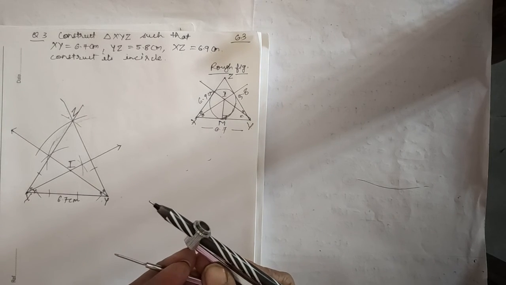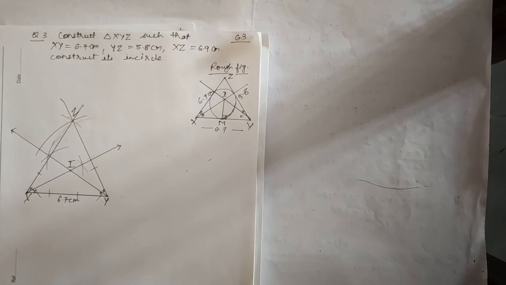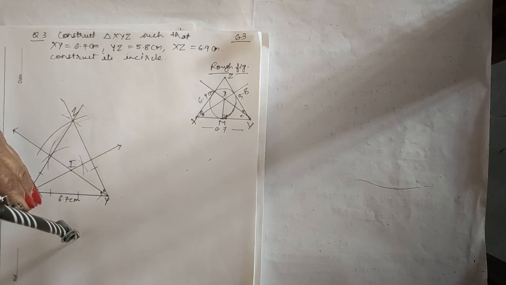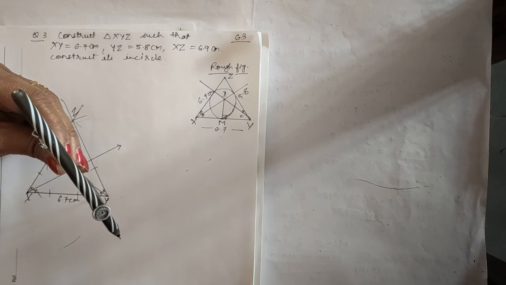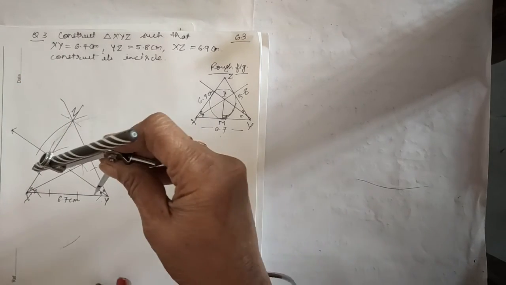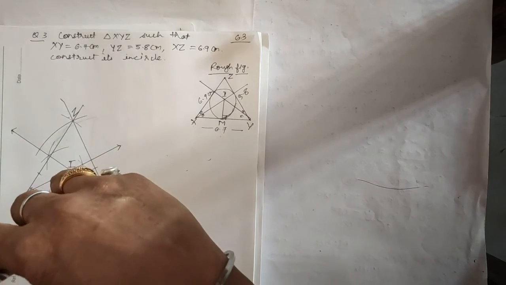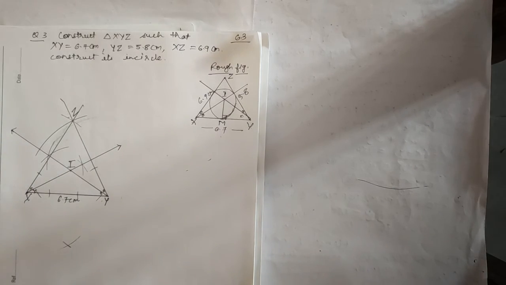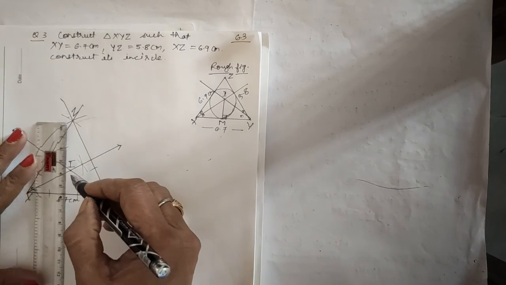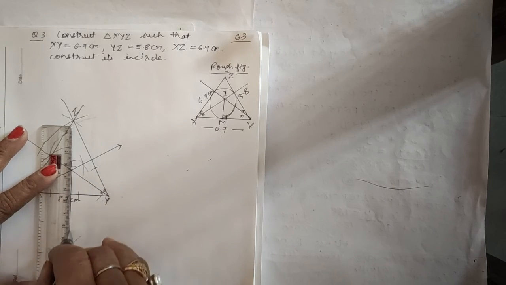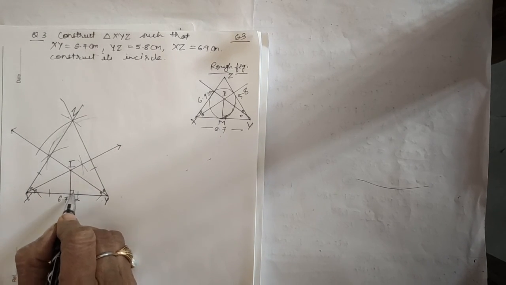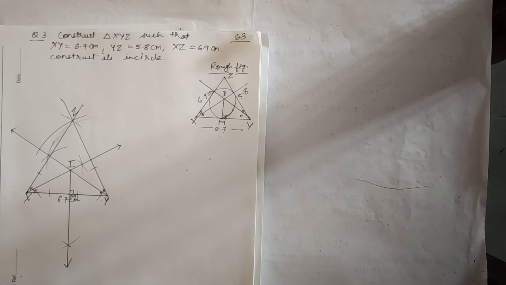Now extend a little bit radius, and whatever the new point of intersection you got, from there you draw arc like this, and again use this and cut off the previous arc. Okay, and now from I to this, draw a perpendicular. So this point of intersection is what? M.